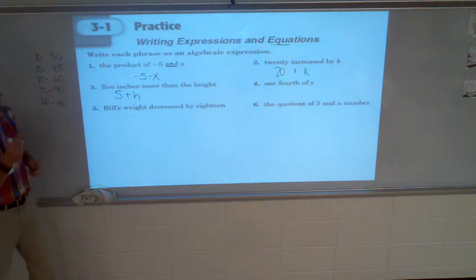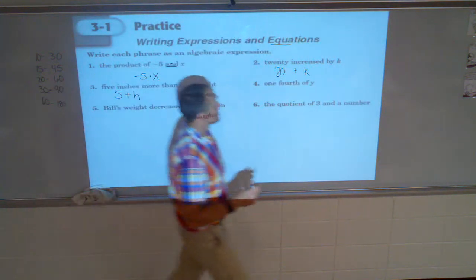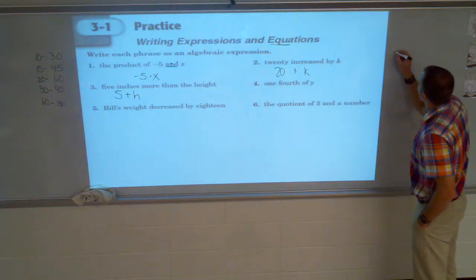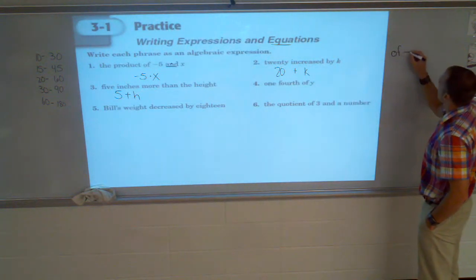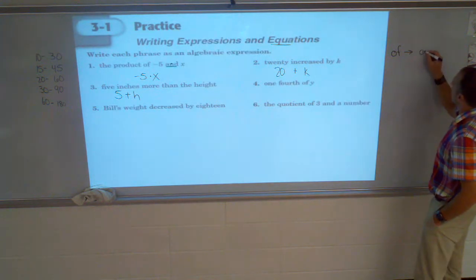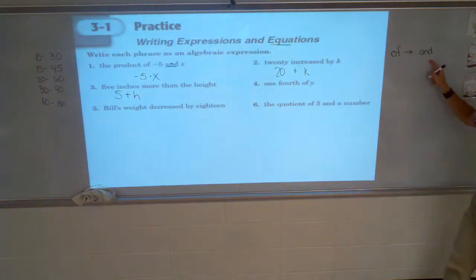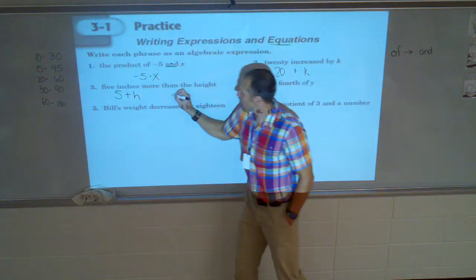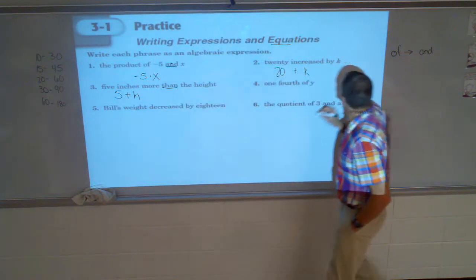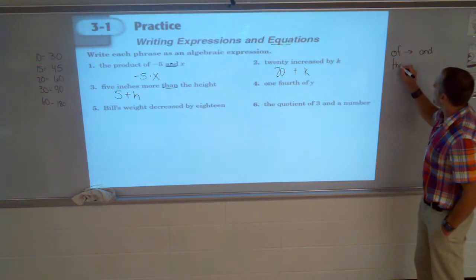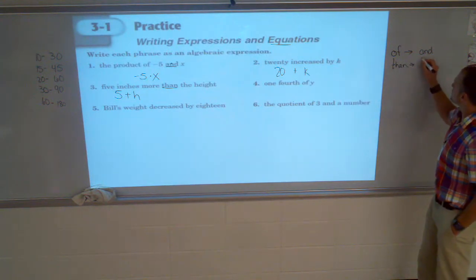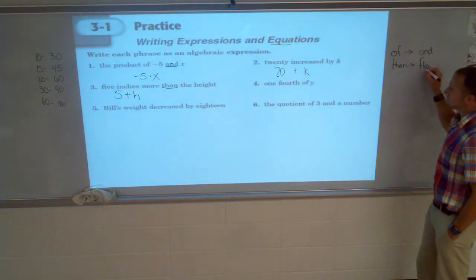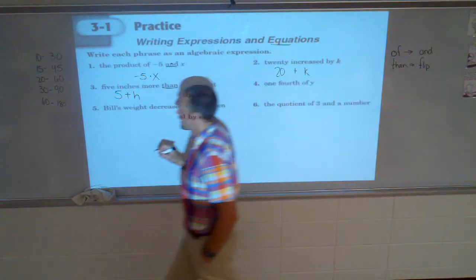Next key word. All right? There's going to be 4 sets of key words here. When you see "of," you have to look for "and," and that's where your sign's going. Okay? Next key word. "Than." When you see the word "than," you have to flip it.